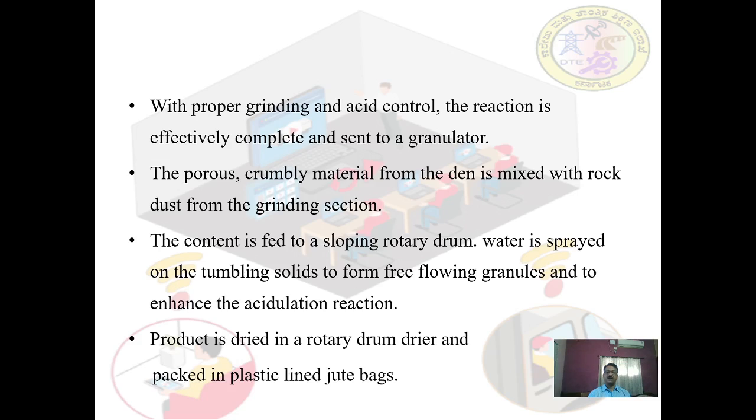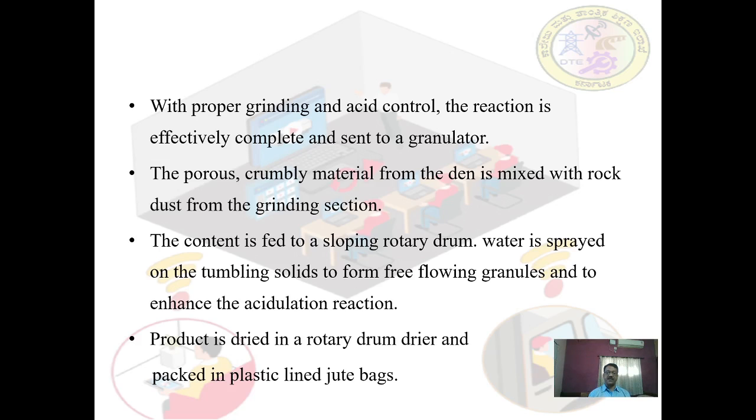The porous, crumbling material from the den is mixed with rock dust from the grinding section. The content is fed to a sloping rotary drum where water is sprayed on the tumbling solids to form free flowing granules and to enhance the reactions.